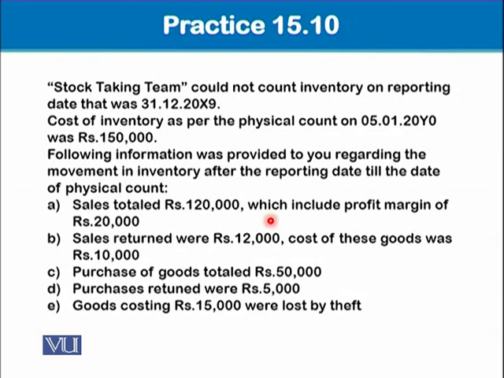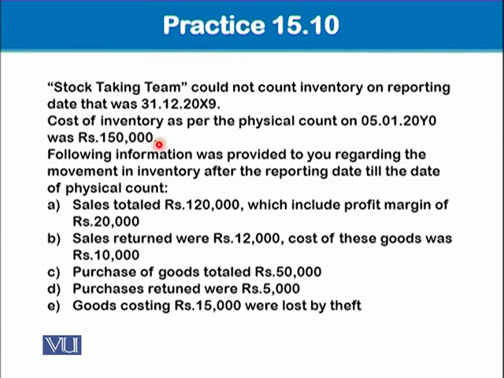It would be more understandable if we work out an exercise. By doing this exercise, we will have a strong grip on this concept. The exercise tells us that the stock taking team could not count inventory on the reporting date, 31st December X9. The cost of inventory as per the physical count on 5th of January Y0 was 150,000.